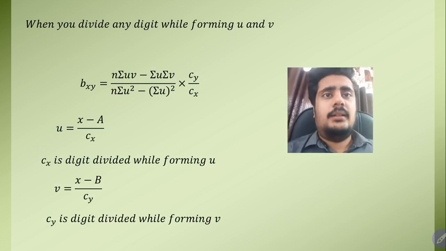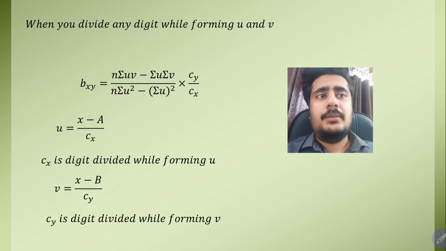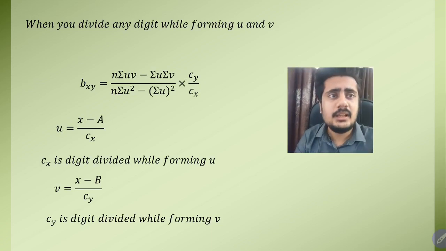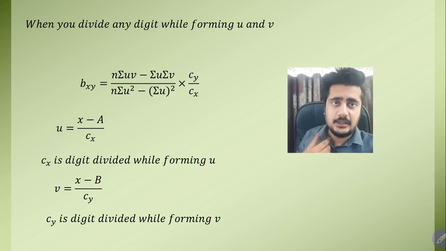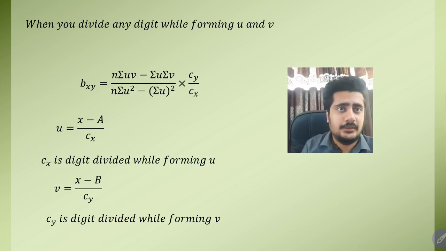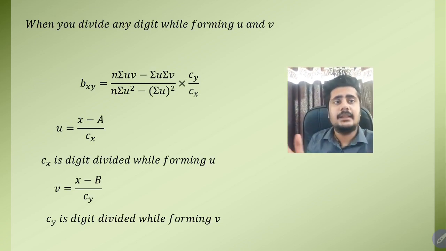Now let me remind you, we are in the 3rd chapter, so whatever I am teaching applies only to the 3rd chapter. I am telling you so because these formulas related to u and v, the shortcut formula, are in the 2nd chapter also, and in the 3rd chapter also.